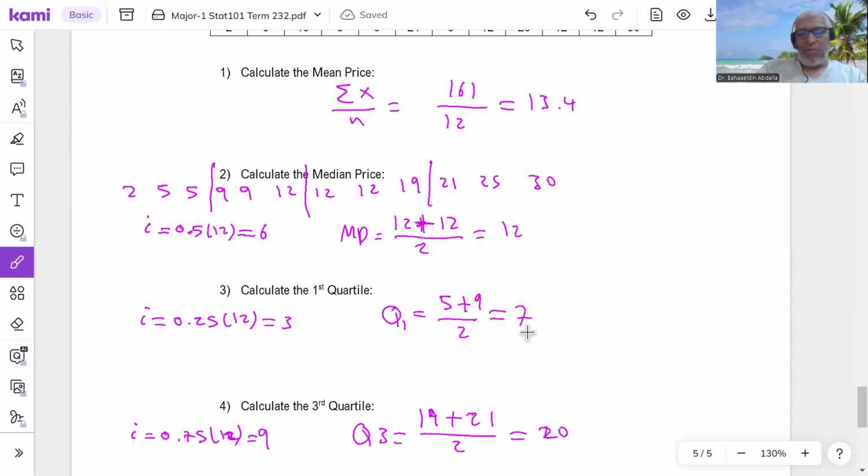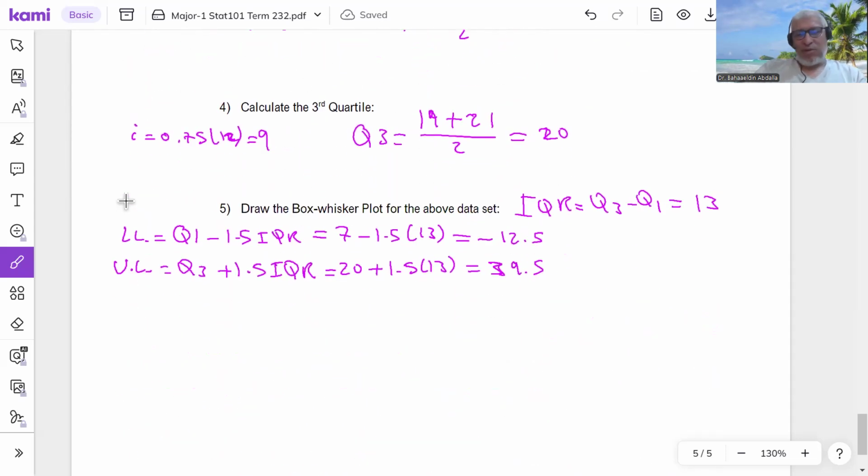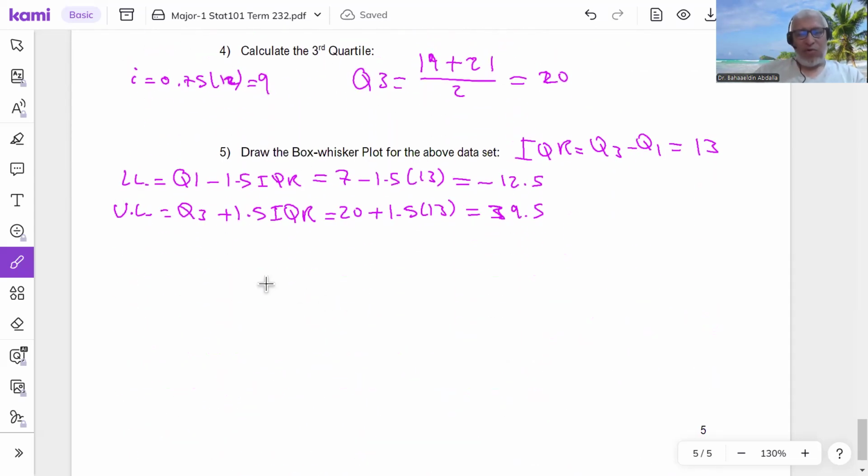So I need to go up to 40, and the smallest data is 2. And these are prices, so I can go to 0 as there are no negative prices. So I'll just go from 0 to 40. So 0, 10, 20, 30, 40.